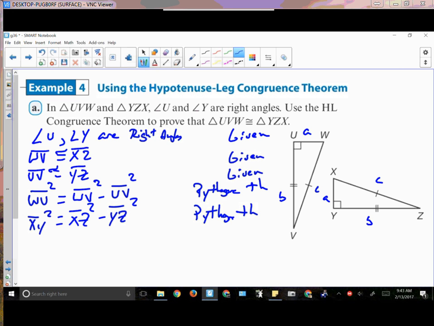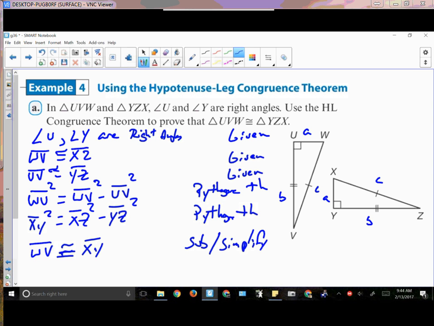Now my question for you is, are these two sides the same? UV and YZ? Yes. So, could I get down to, after a little substitution and simplification, UW congruent to XY?